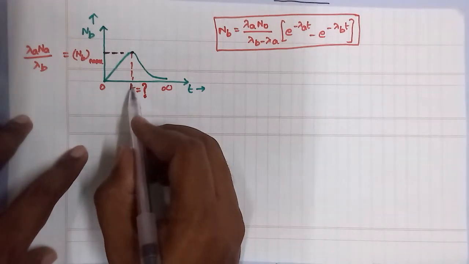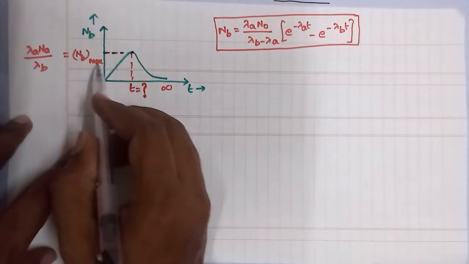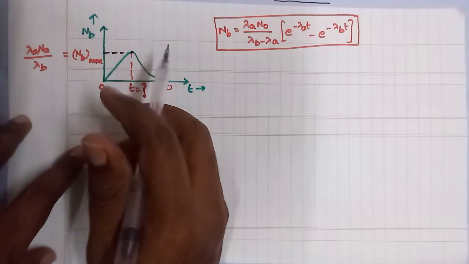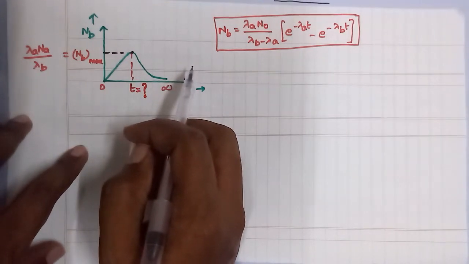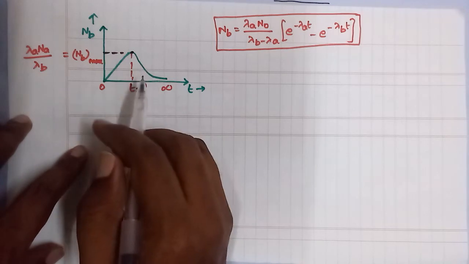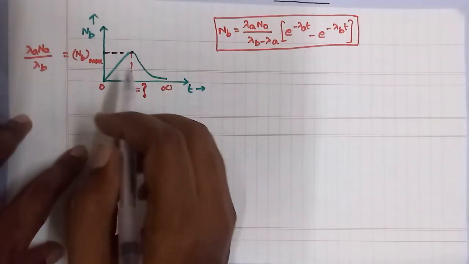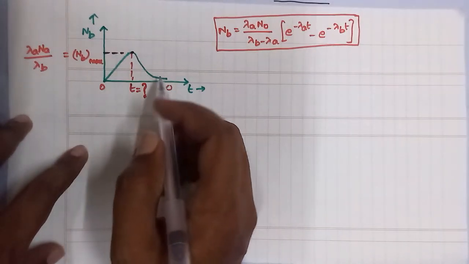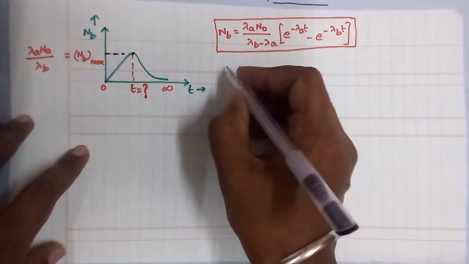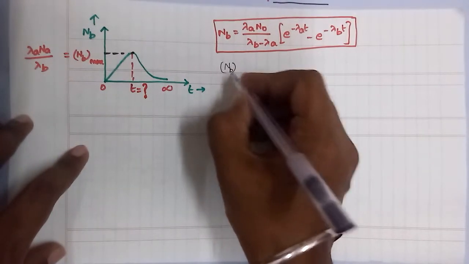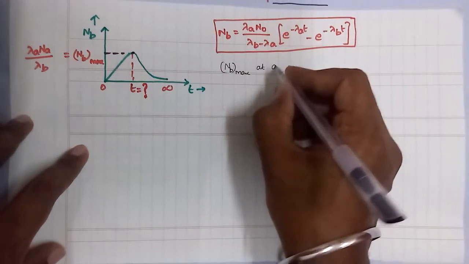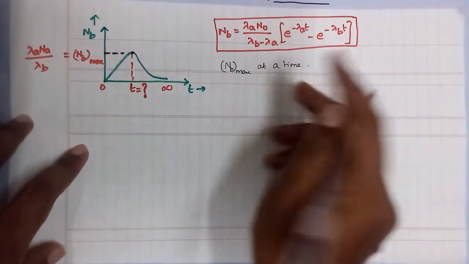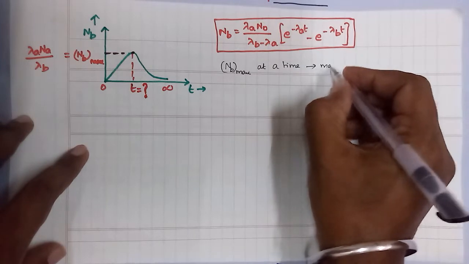To find this time where NB is maximum, we can use a simple mathematical concept, maxima, that you have already studied in your mathematics. To find NB maximum at a time, we can use the maxima concept.